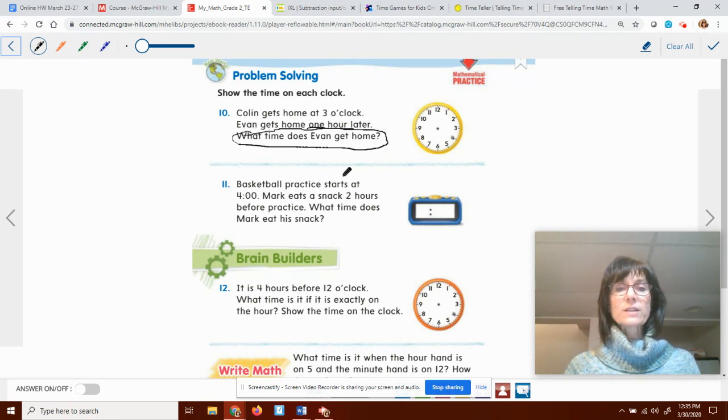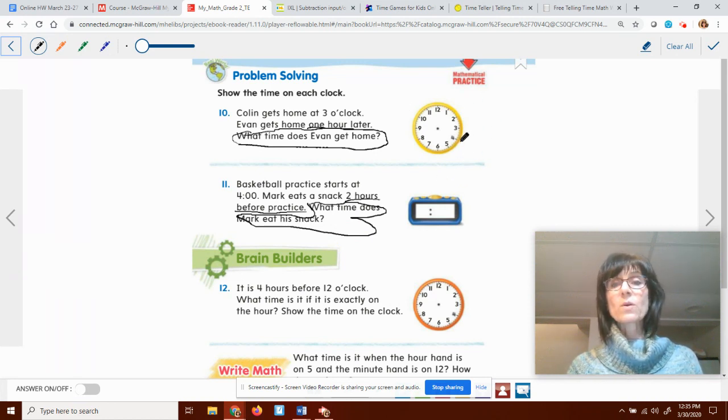Basketball practice starts at 4. Mark eats a snack 2 hours before 4 o'clock. Your answer, when it says what time did he eat a snack, goes on that digital clock, so don't look at a clock face. If the practice started at 4, he ate 2 hours before.